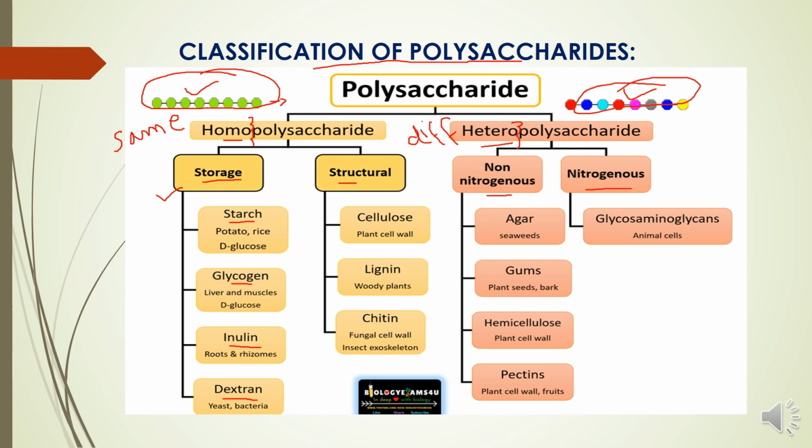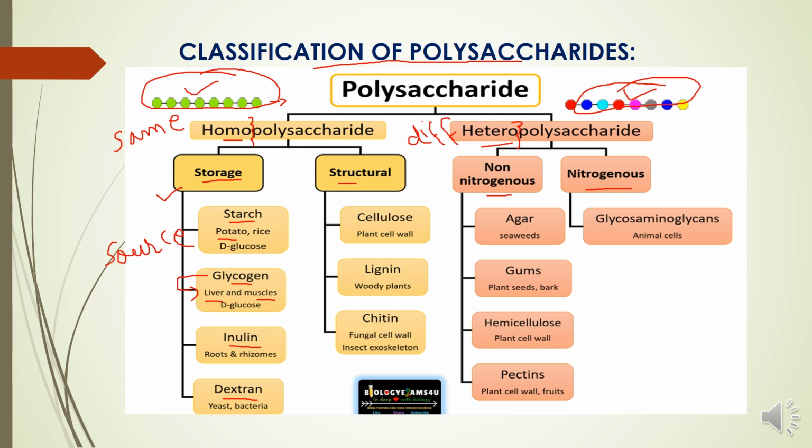The source of starch is potato and rice, while glucose is stored in the form of glycogen in the liver and muscles.